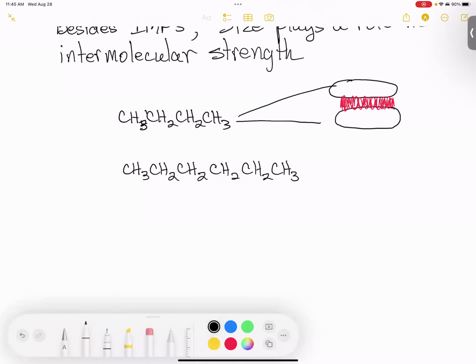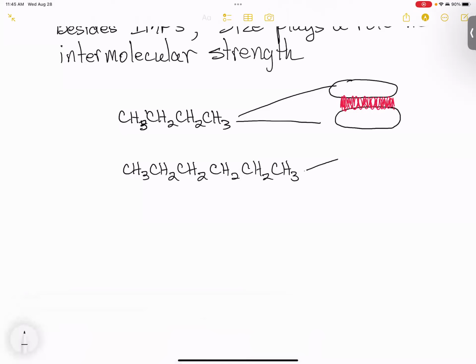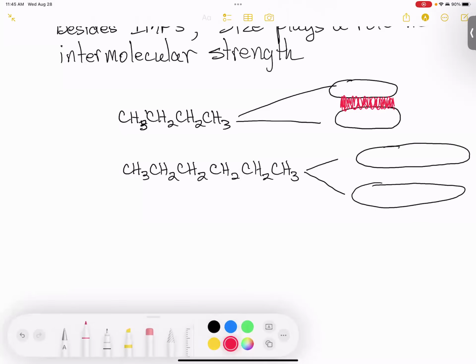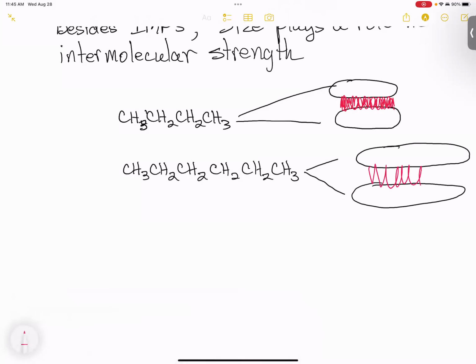But if I have two of the hexanes, they have more opportunity for those intermolecular forces.